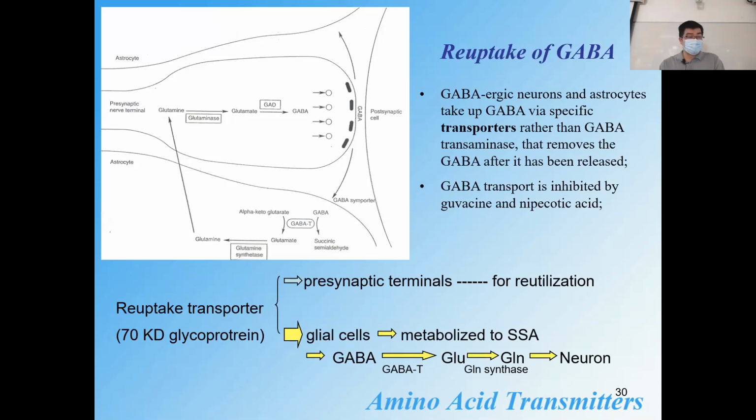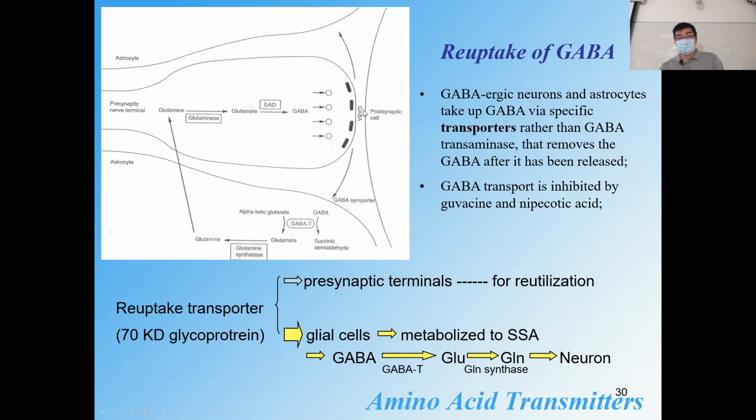So here is what happens in the synapse. So in the neurons, glutamine will be changed by the glutaminase to the glutamate, and then the GABA exit decarboxylase actually makes it into the GABA, and then that is actively stored into the vesicle, and then it's released.